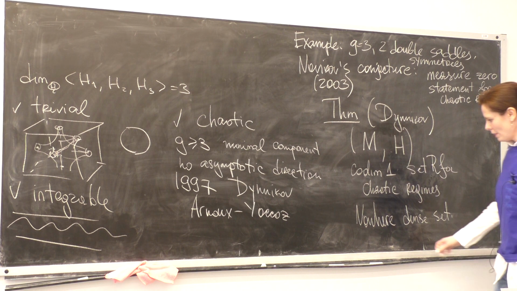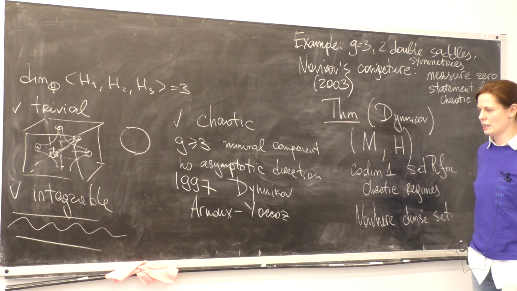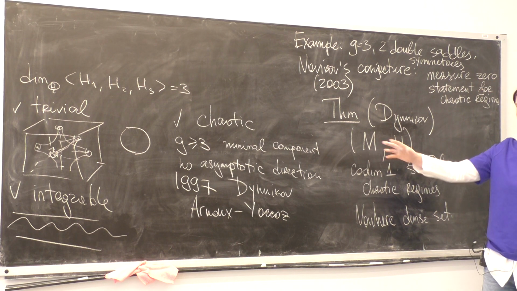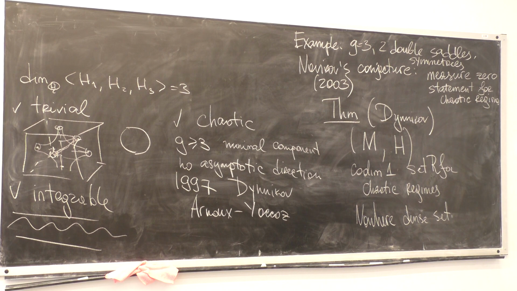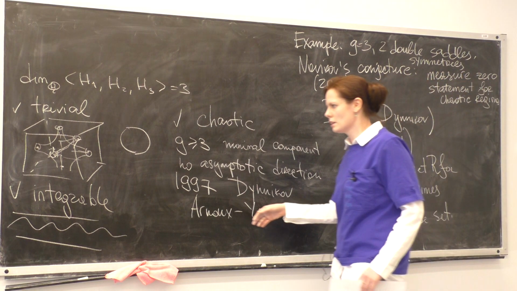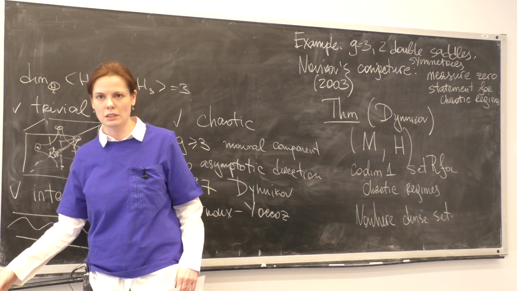So the first impression that people who have ever measured foliations usually have at this moment is that, well, it should not be very complicated, because measured foliations were very widely studied in dynamical systems starting from the 60s.